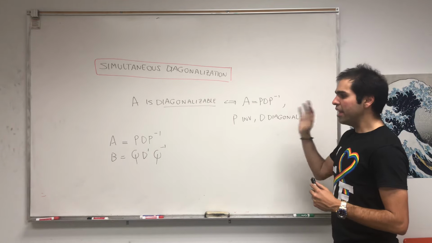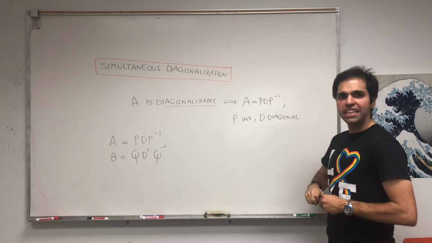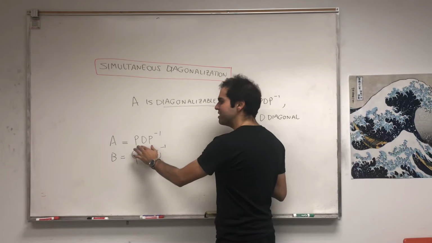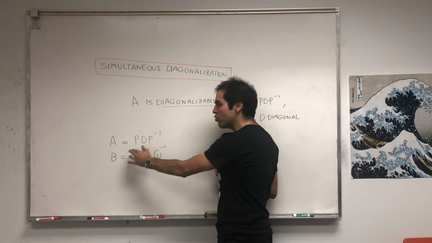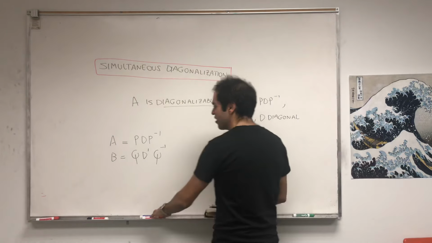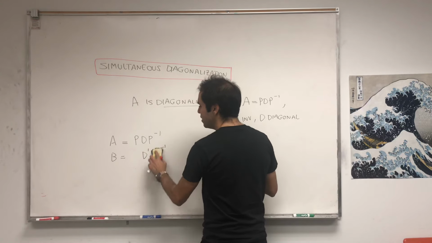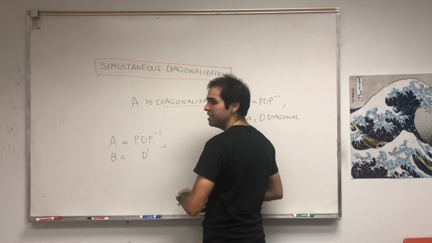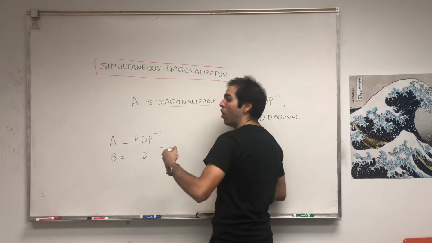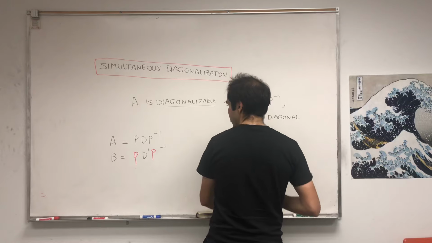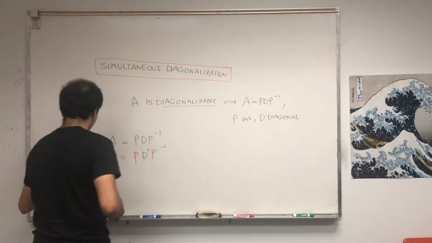Well, if A and B are simultaneously diagonalizable, then it turns out you can use the same P to transform A and B into diagonal matrices. So simultaneously diagonalizable means if A is PDP inverse, then B is also PD prime P inverse. So here's the correct definition.